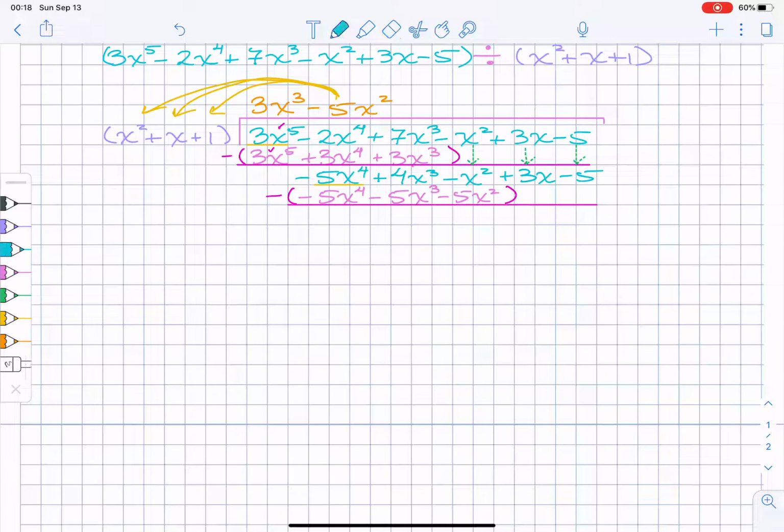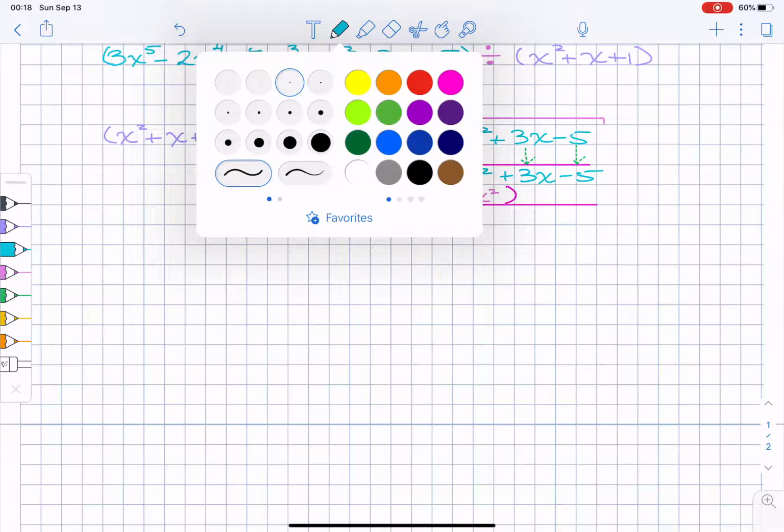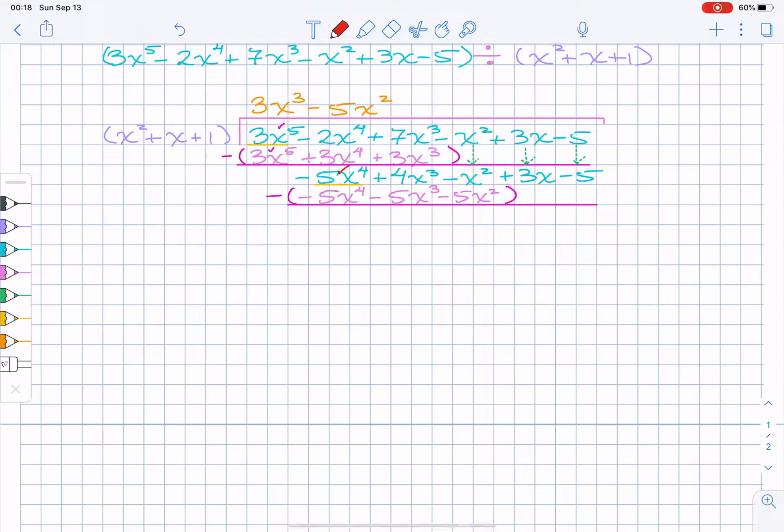Okay, so let's see what we get. Negative 5x to the fourth minus a negative, or plus 5x to the fourth, goes away, which it should. So that's good. So let's go ahead and indicate that these sum to 0.